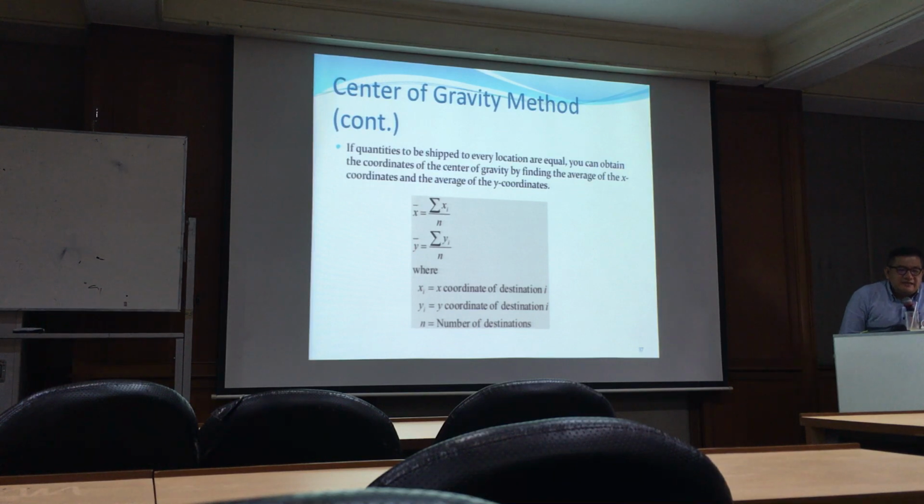In this case, you are going to ship to every location with equal quantity. For this formula, it's just for the case that you deliver the products to each location in equal quantity. So you just use the sum of x coordinates divided by n locations, and the sum of y coordinates divided by n destinations. Then you are going to have the coordinates x bar and y bar.